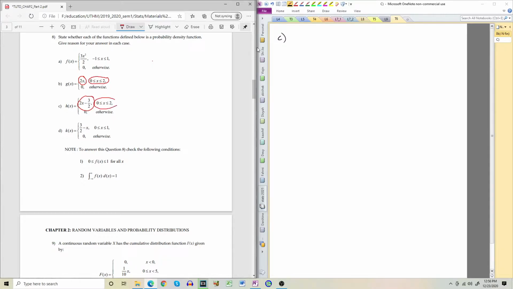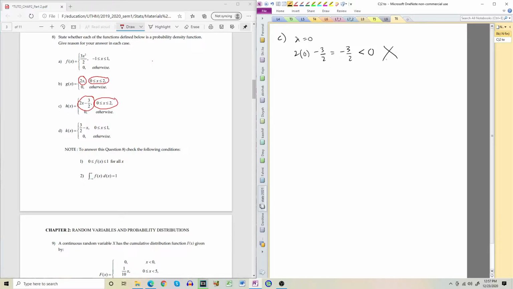So your x is in between 0 to 2. If you replace x equal to 0 inside the function, you get negative 3 over 2, which is less than 0. So the first condition is out. Okay, it is not always greater than or equal to 0.